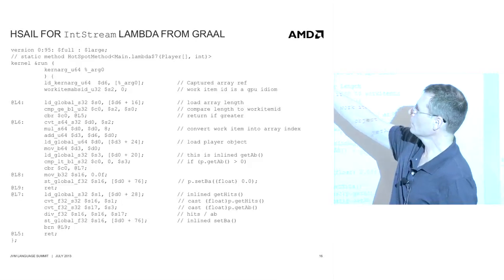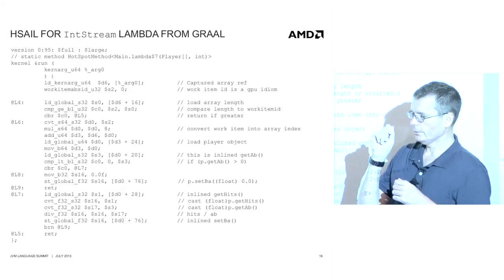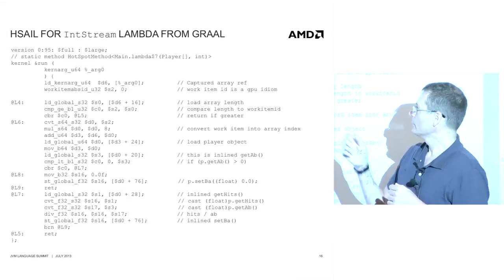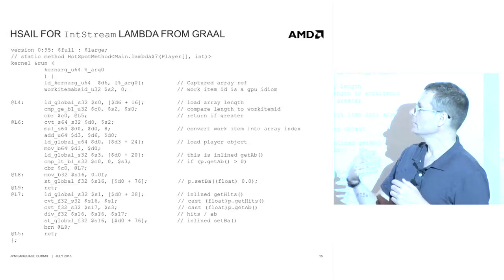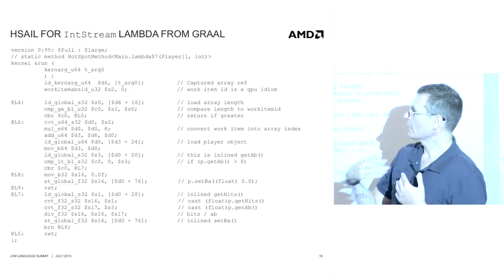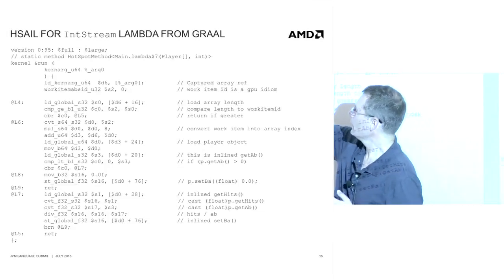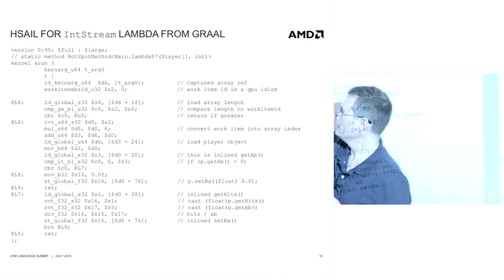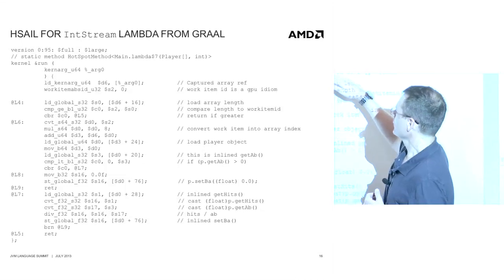But when we come to the kernel, it's not like we're invoking every GID, every work item, or every stream core individually. We're just launching the kernel. So what we do is we pass in the captured player array, and then we use the work item ID function, or the instruction, to get the work item for the kernel.